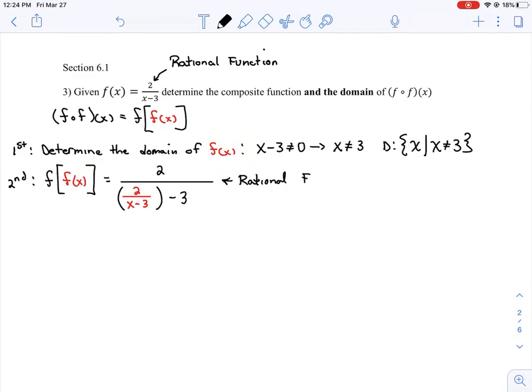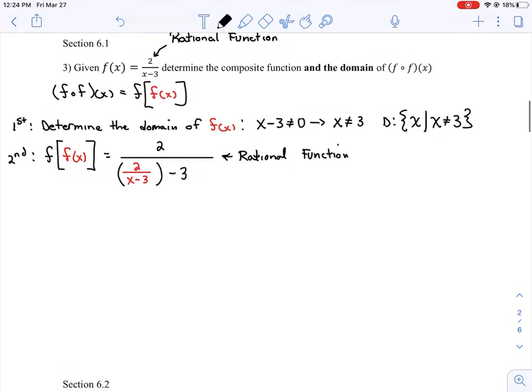Again, this is a rational function. So if the denominator is equal to 0, this will be undefined.